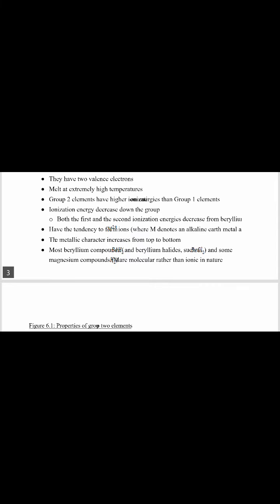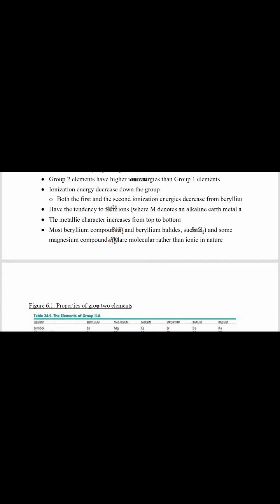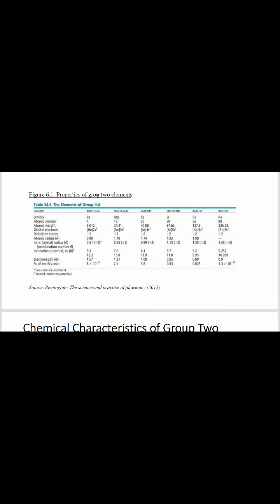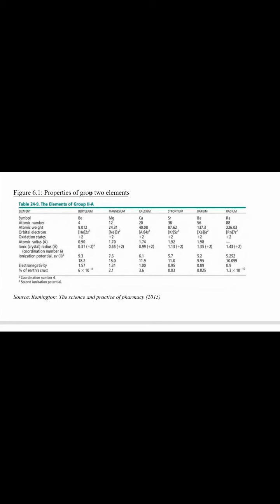The metallic characteristic increases from top to down. Kwa hiyo ile metallic characteristic inaongezeka inavyoshuka chini. And also you can see here most beryllium compounds and the halides and some magnesium compounds are covalent rather than ionic in nature. So this table will give you the highlights na simple properties, physical properties of this group 2 elements.